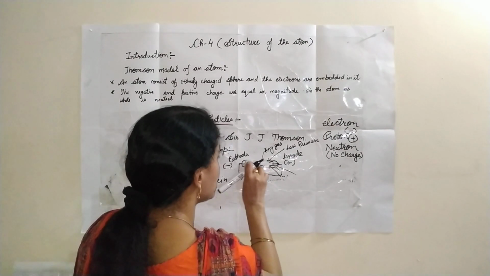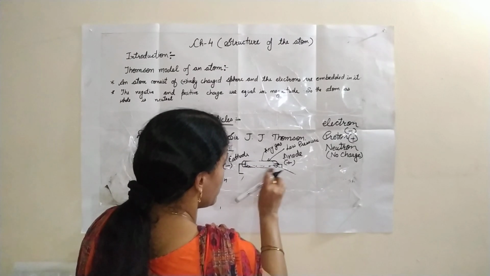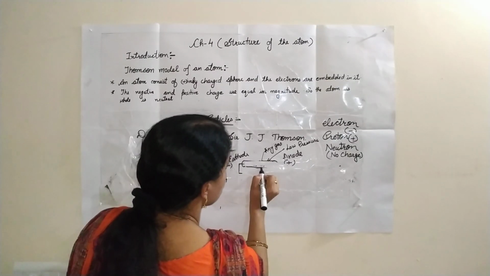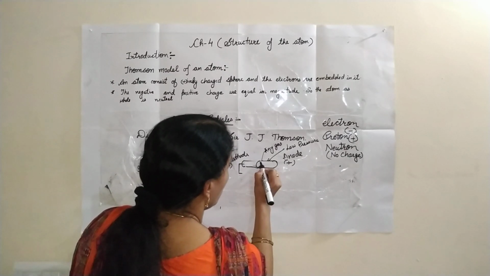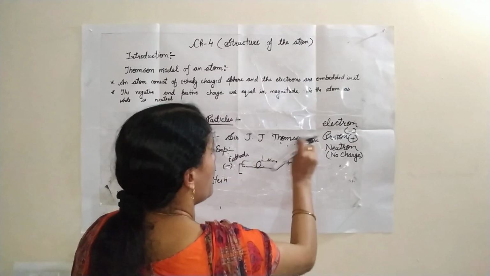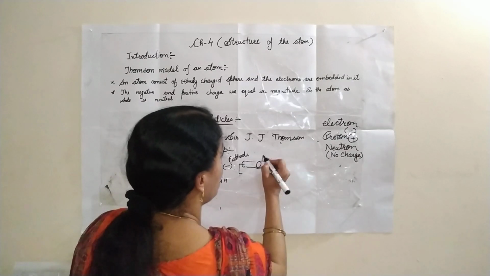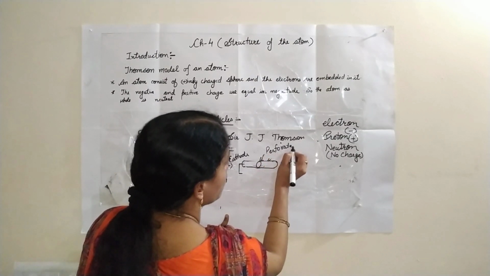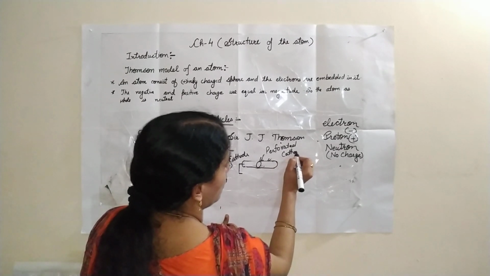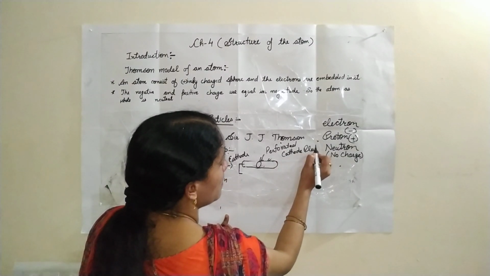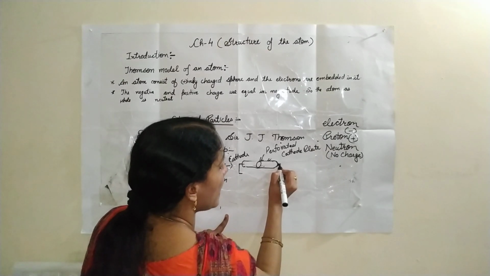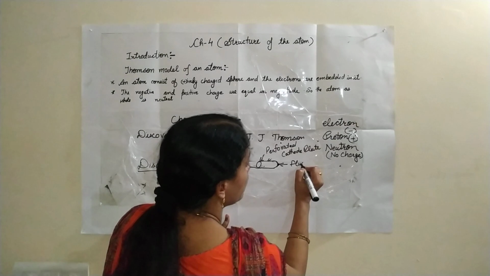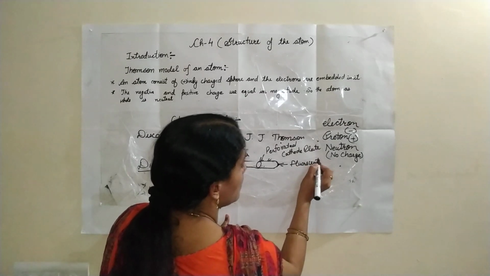The difference is just in between the tube. He is taking here a perforated cathode plate, and on the other end he is using a fluorescent screen.